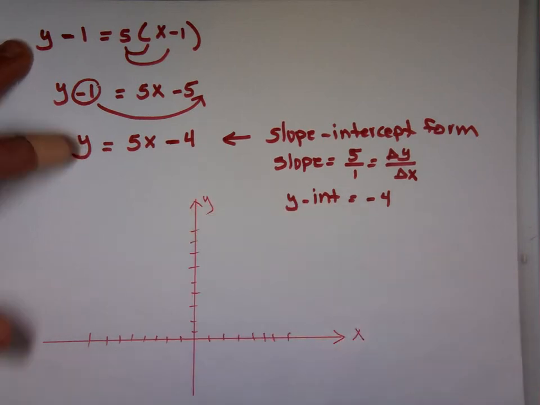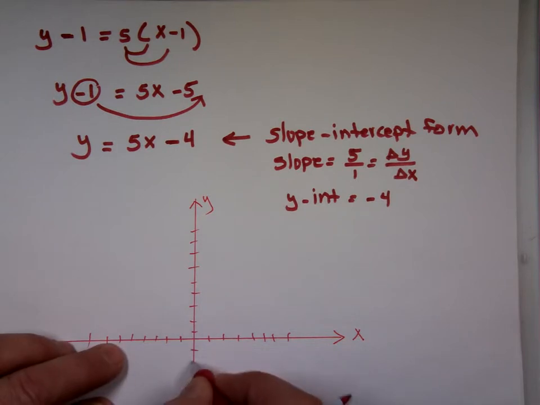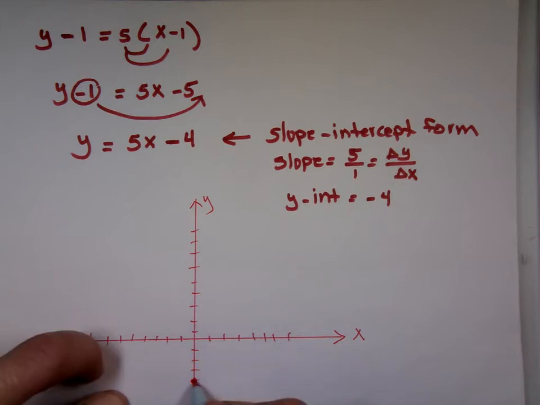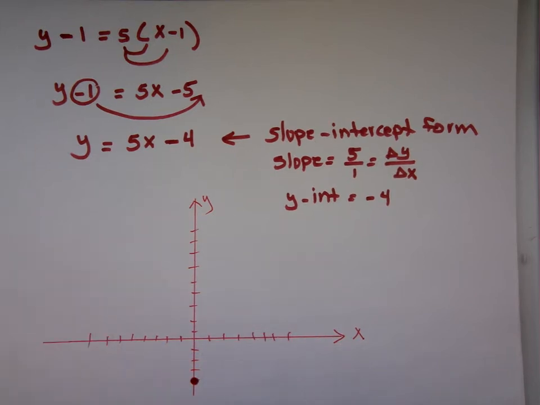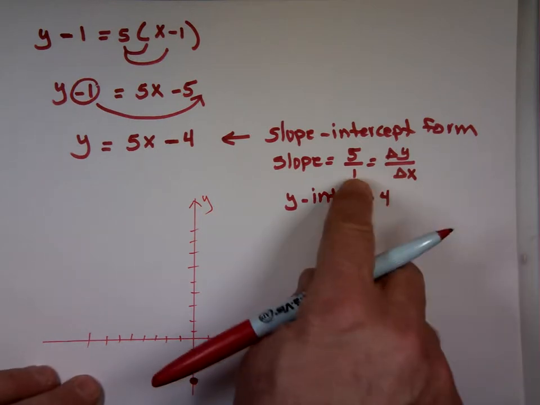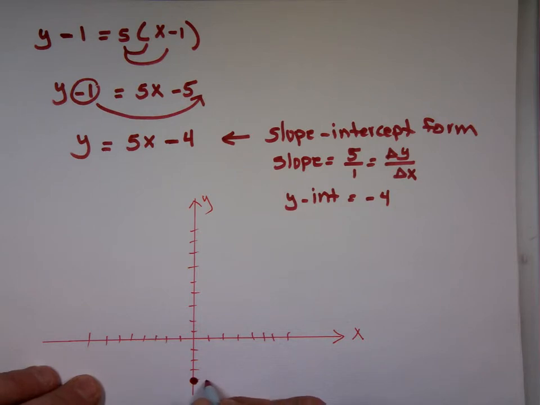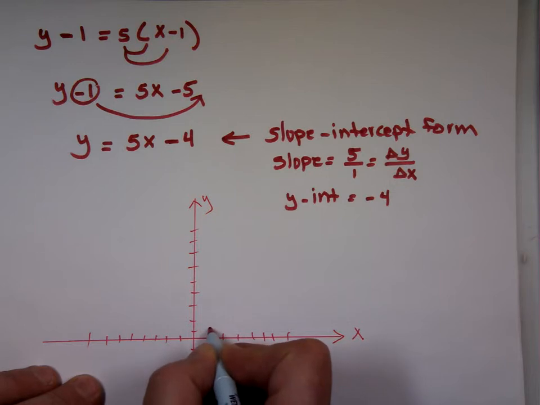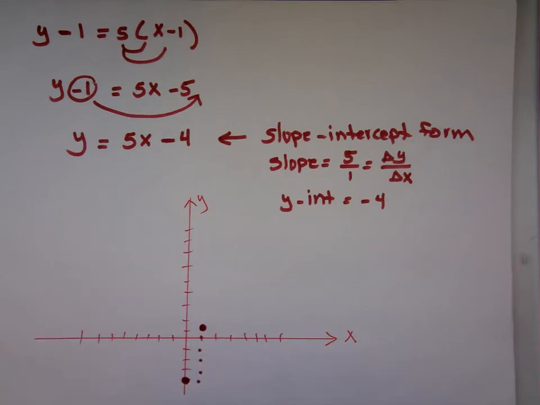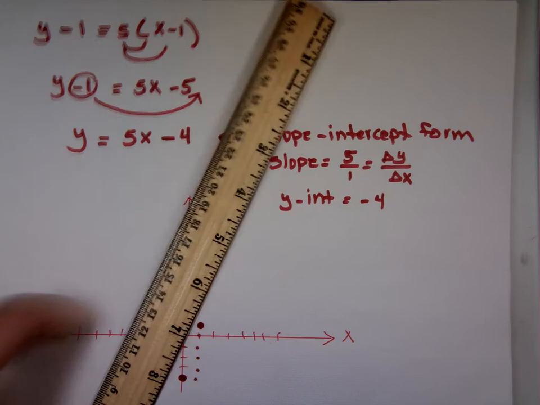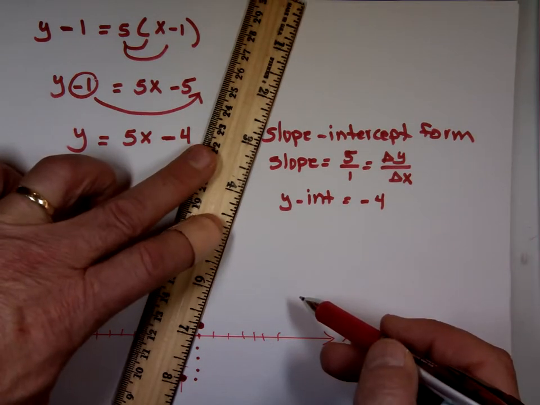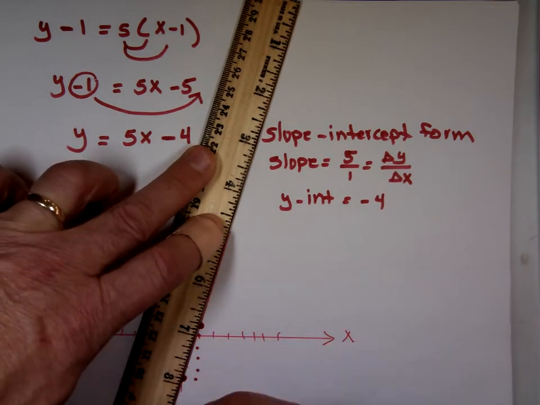The y-intercept is -4. That's right here. Now, let's do that slope. It says increase x by 1, increase y by 5. Go 1 to the right and 5 up. 1, 2, 3, 4, 5. 1 to the right and 5 up. Connect the 2 points, and that's the graph of that.